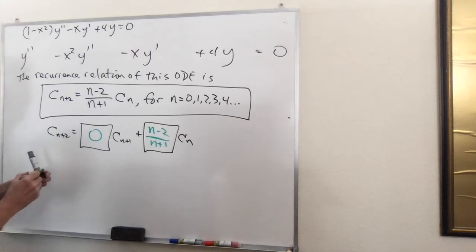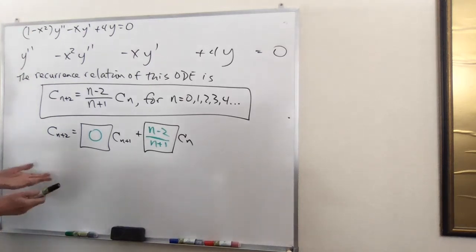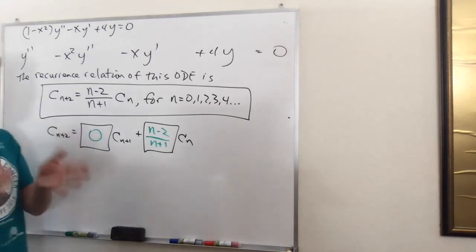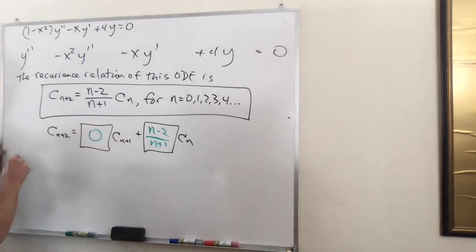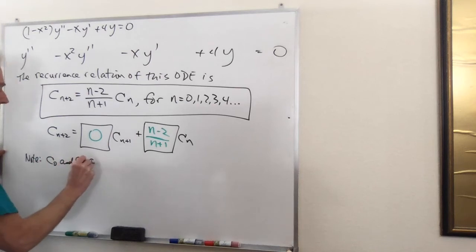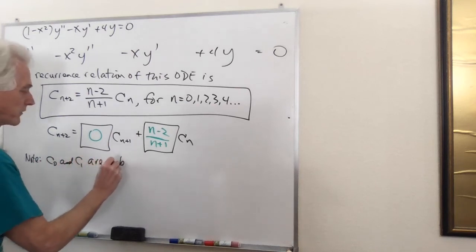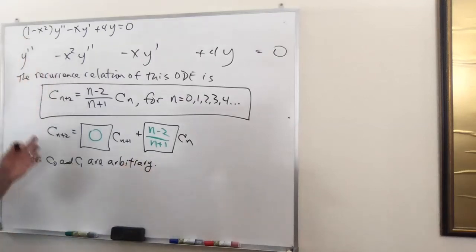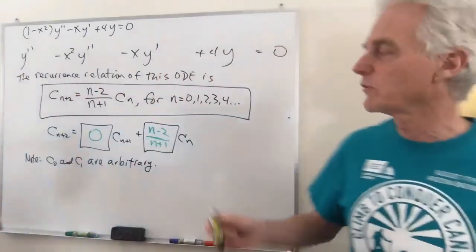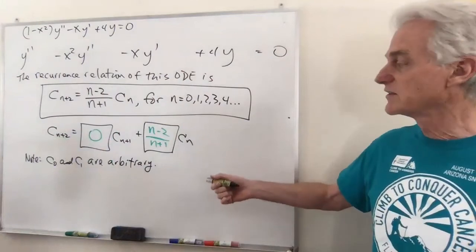All right. So let me just talk a little bit about it. I'm going to solve this next time, but a little bit about it to say, note, C0 and C1 are arbitrary. This recurrence relation says nothing about what C0 and C1 are.